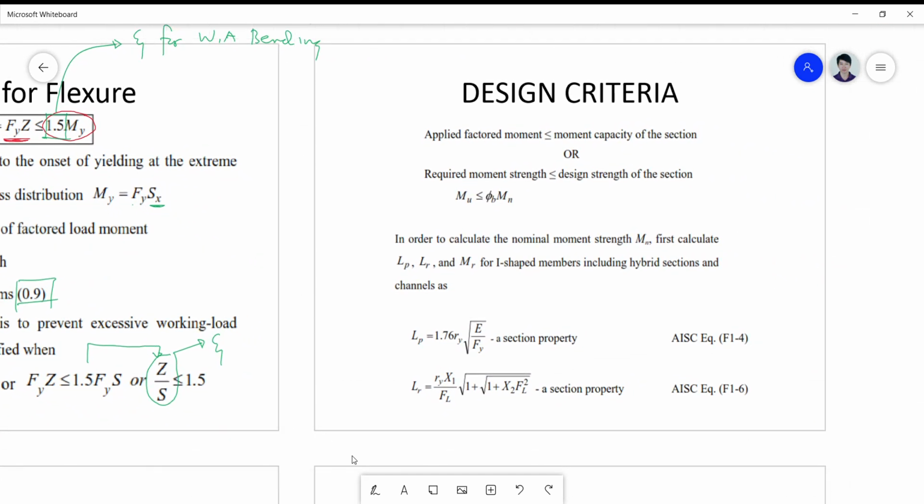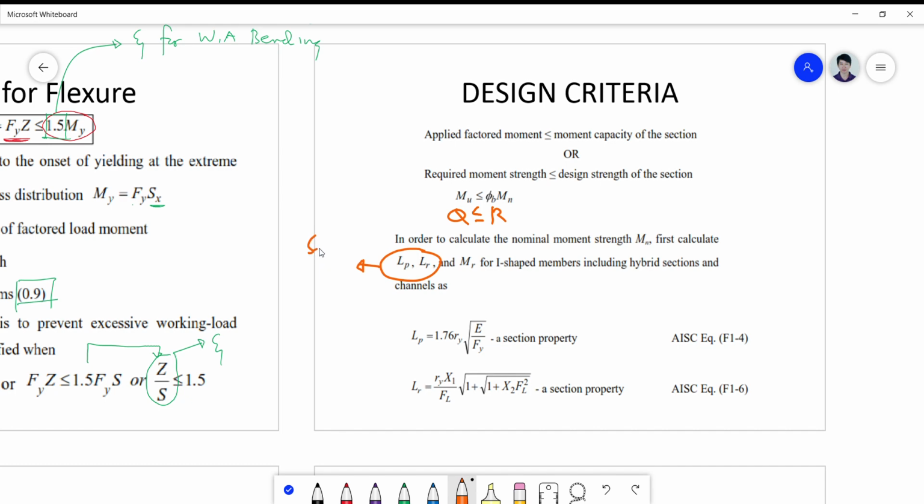So for the design criteria in LRFD, we take note that the required moment strength must be less than or equal to the design strength of the section, or simply your resistance must be greater than or equal to your moment load Mu. And in order to calculate the nominal moment strength Mn, we need first to calculate again these two properties, Lp and Lr.